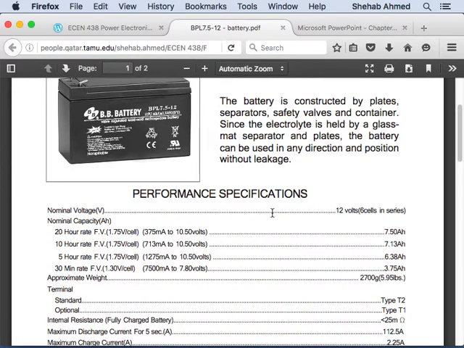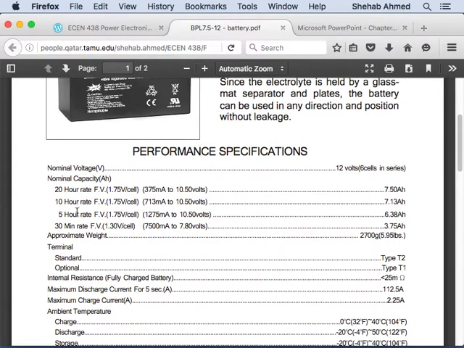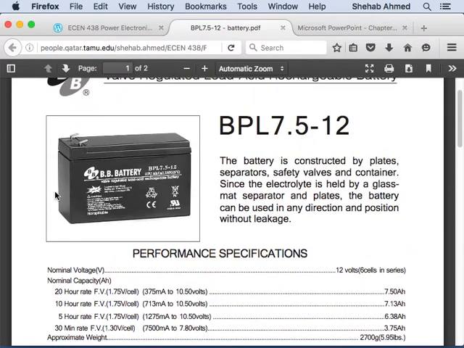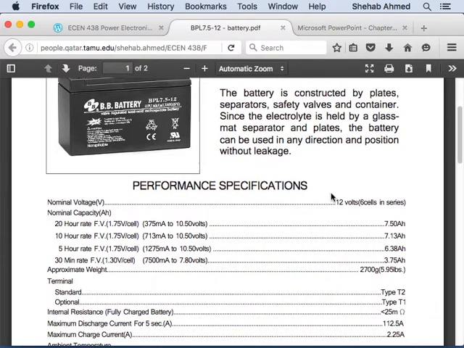It will give you the rating of the battery. This is 12 volts, but what sort of energy it can store depends on how much voltage and how much current you can draw. You're typically going to be given battery size in ampere hours, right?